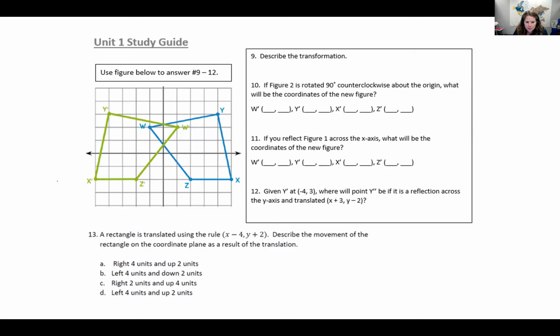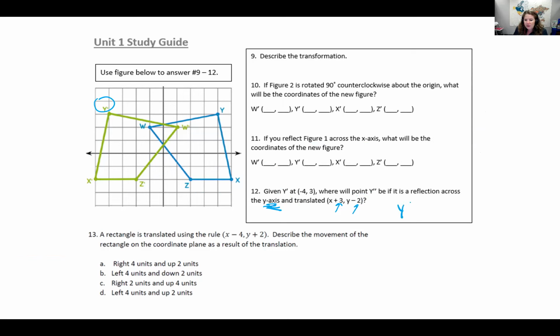Given Y prime is at negative 4, 3, where would Y double prime be if it's reflected across the y-axis and then translated right 3, down 2? So first, if we reflect it over the y, the y doesn't change.